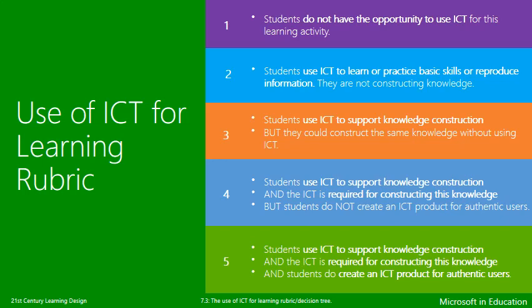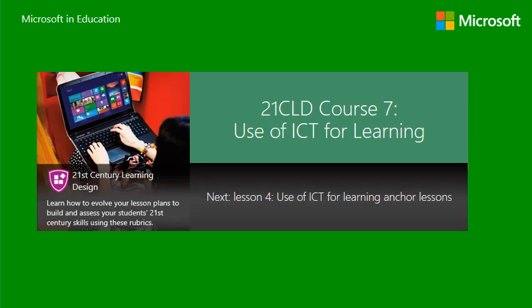You can decide which you find easier to use, the decision tree or the rubric, when designing your learning activities. In this lesson, we have discussed the use of ICT for learning, rubric and decision tree. In the next lesson, we will develop these ideas further by examining some 21 CLD anchor lessons for evidence of ICT use for learning.